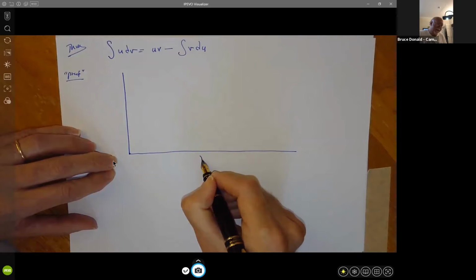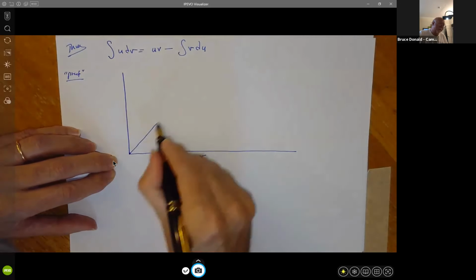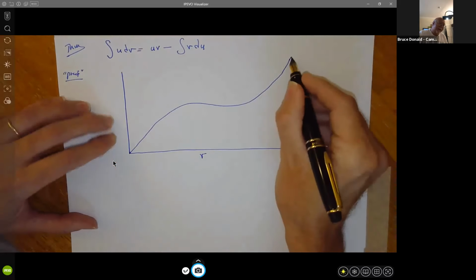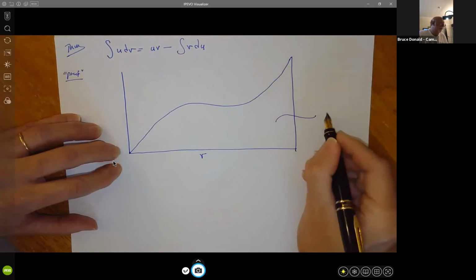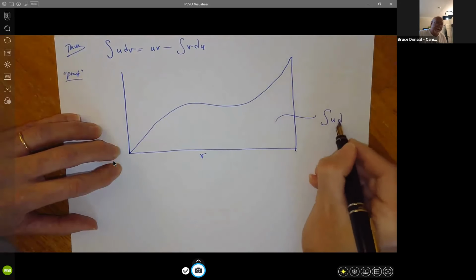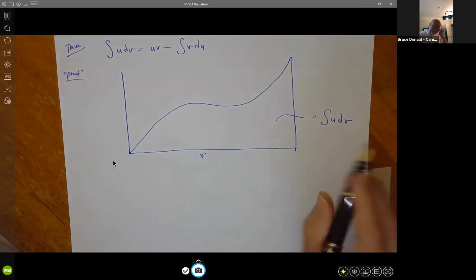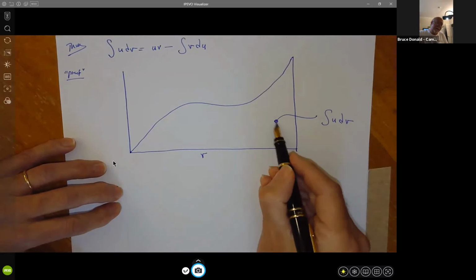I'm going to look at this integral here. And this is the function u, and I have something that goes up like this, right? And the integral under this curve is equal to the integral of u dv, right? So that's the function u, v is the variable of integration. All this area under here, that's the integral of u dv.